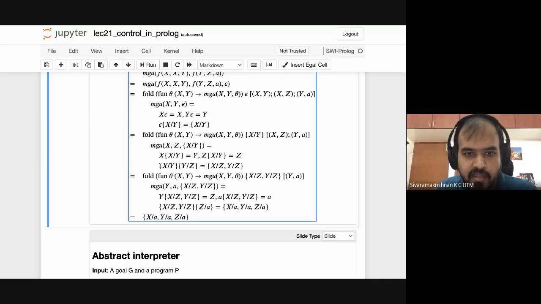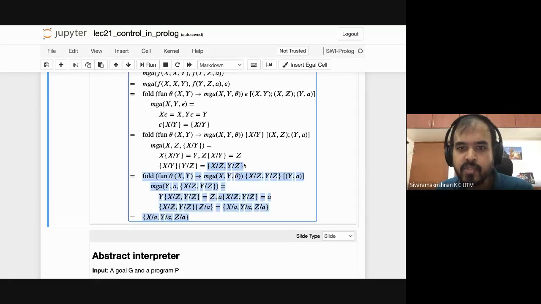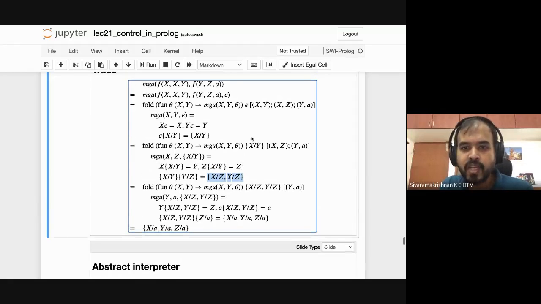Take the current theta, which is x slash z here, and compose that with y slash z. So what happens here? Apply the rules for the composition. So this becomes x slash z and y slash z, and that is the MGU now. That comes out again because we are in this fold call now, and you have one more iteration of fold left.